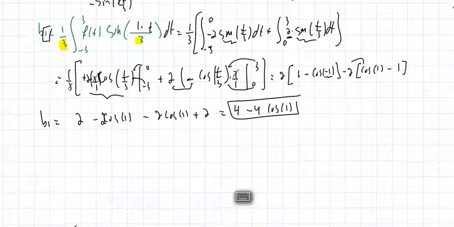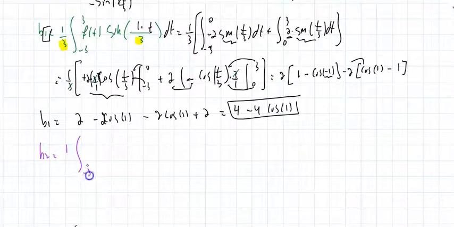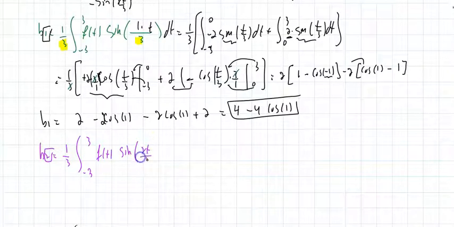How about B sub 2? B sub 2 is the integral from negative 3 to 3, 1 over 3, f of t, the sine of 2t divided by 3 dt.